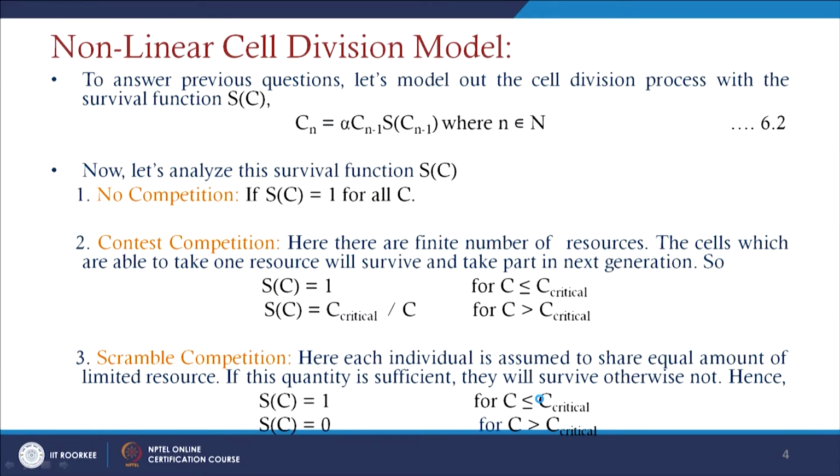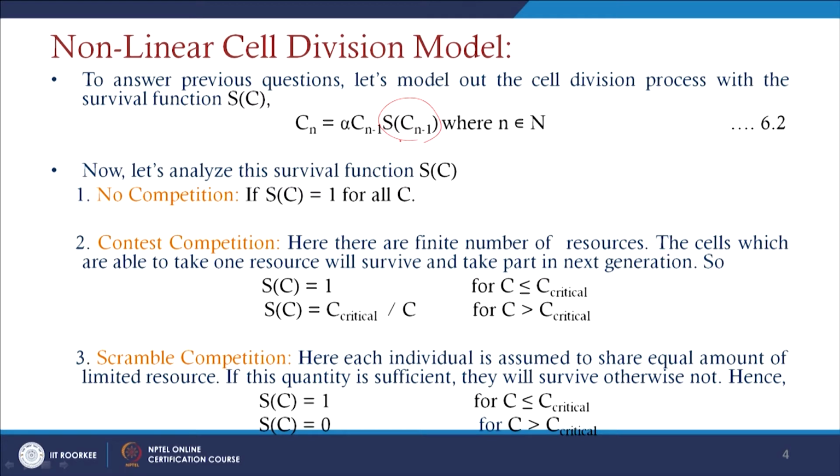For this case, we have to consider a survival function. So, we can consider the total number of cells at time level n, which can be represented as the proportionality constant alpha, then Cn minus 1, whatever cells exist at the n minus 1 time level, and how these surviving cell factors affect the transfer of the total number of cells to the nth level.